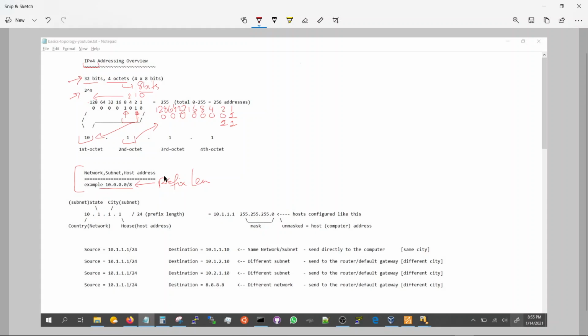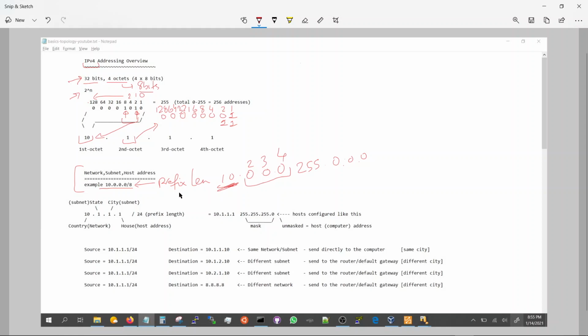If you were to write this as a mask, it's going to be written 255.0.0.0, and 255 is the mask. So you're masking the first octet, and you're leaving the second, third, and fourth octets for addressing.